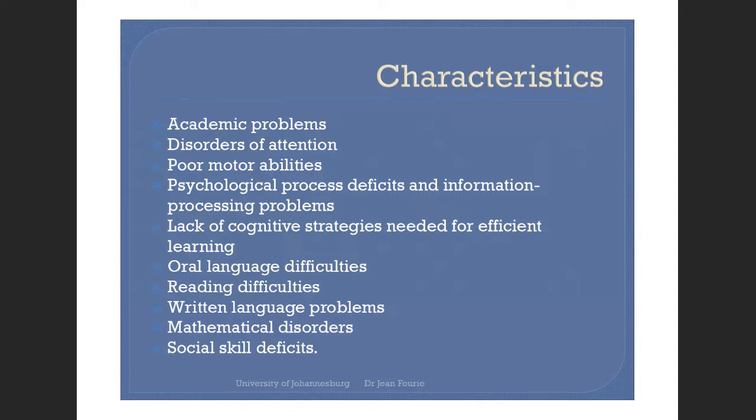There are problems with cognitive strategies that are not efficient, and we know that is happening at the executive functioning level. Difficulties with oral language, and this has to do with output difficulties. Difficulties with reading, difficulties with writing, difficulties with organizing the writing, sometimes problems with handwriting, all sorts of difficulties around mathematics, and social skills deficits.